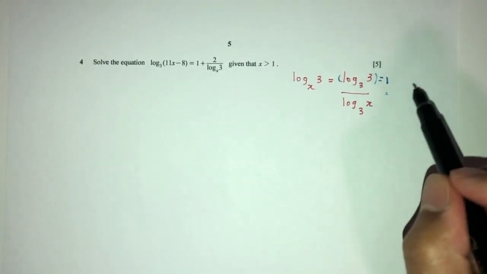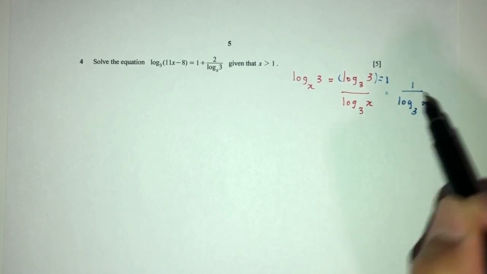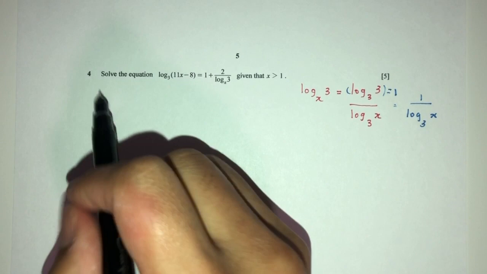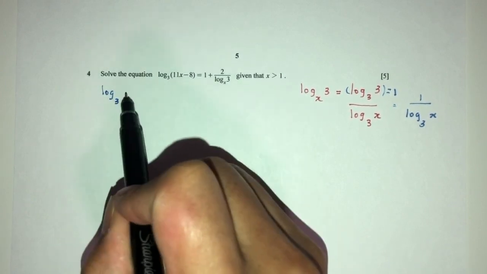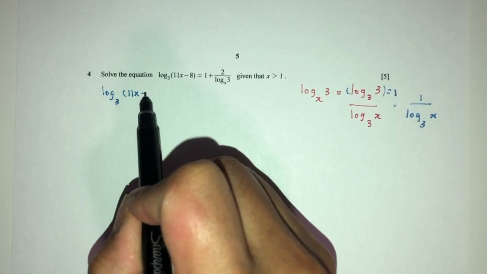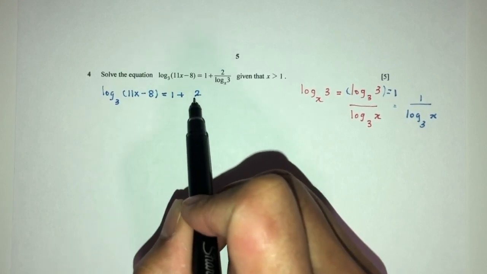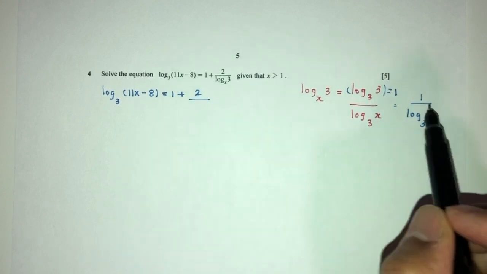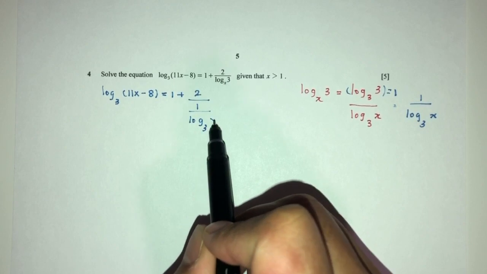So your answer will be 1 over log base 3 of x. So replace back here. You will have log base 3 of 11x minus 8 equal to 1 plus 2 over this one, which is 1 over log base 3 of x.